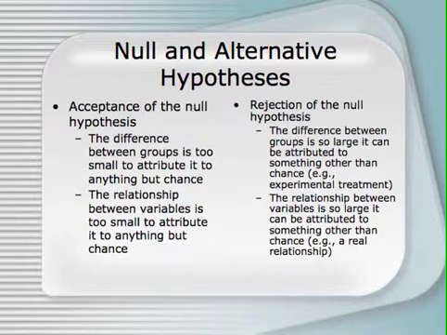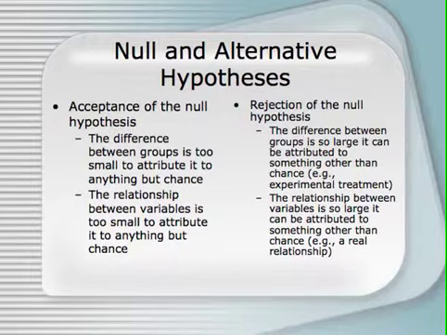You accept a null hypothesis when the difference between the groups is too small to attribute it to anything but chance, that it was not statistically significant, or the relationship between the two variables is too small to attribute to anything but chance. You reject the null hypothesis when the difference between the two groups, control or experimental, is so large that it can be attributed to something other than chance.